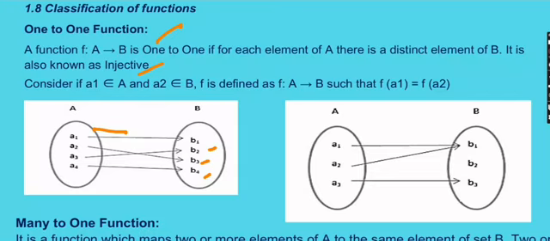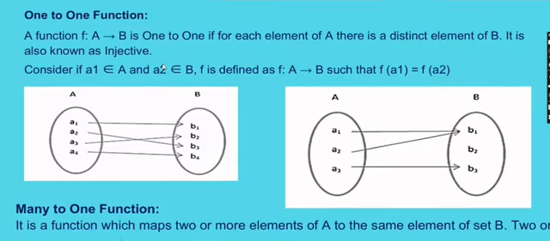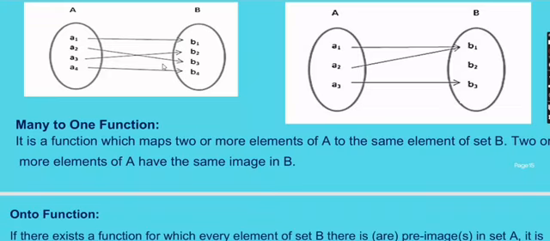Now we will go for the many-to-one function. What is called a many-to-one function? It is a function which maps two or more elements of A to the same element of B. From the word itself you will be able to understand what many-to-one is.